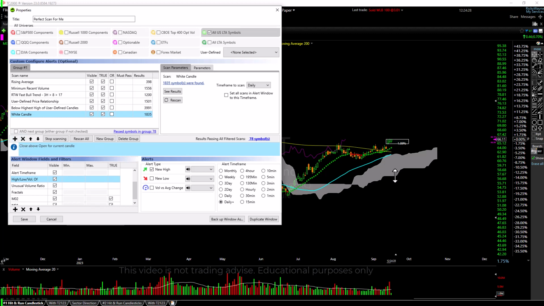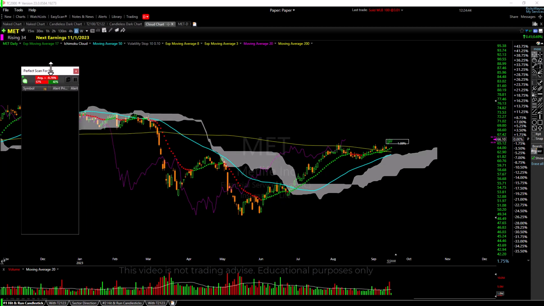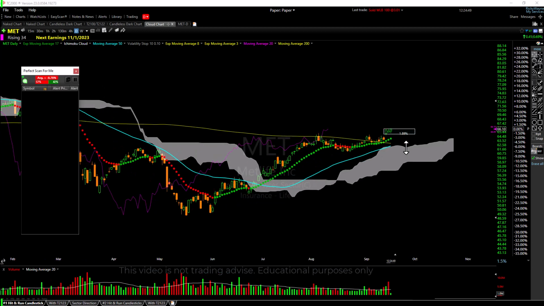So if you're short below the cloud, long above the cloud, you only need 2 scans. That's it. If you try to load your 20 scans because you get to have 20, you're gonna blow yourself up. And that's what happens most of the time. People that have quit the scanner is because it's overwhelming, because they can have 20 scans and they have 20 scans up. Okay.